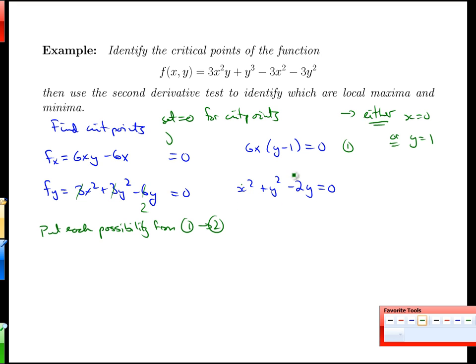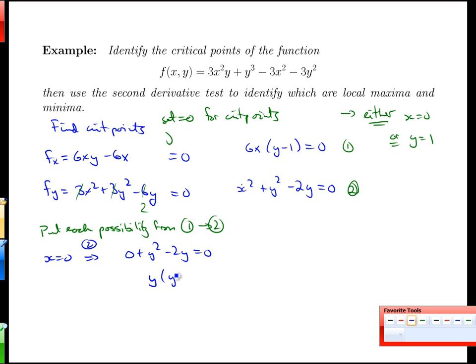Let's say x is 0. Then what does that tell us about the y value based on the second equation? Or what if y was 1? What would that tell us about x in the second equation? So let's see how that plays out. So x equals 0 in 2. If x equals 0 in 2, then we've got 0 plus y squared minus 2y equals 0.